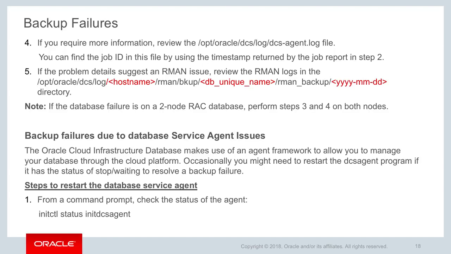In certain cases, database backup failures can occur due to the database service agent issues also. In the event this happens, you will need to restart the DCS agent if it has the status of stop or waiting to resolve a backup failure. In the next section, you'll see the steps that you need to perform to restart the database service agent.